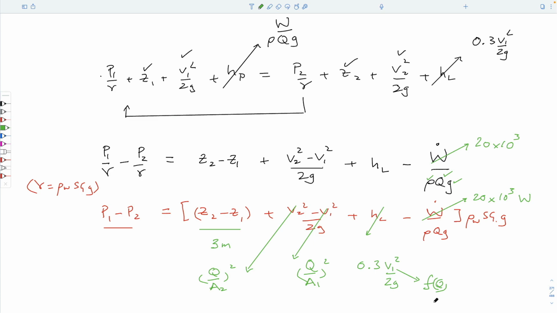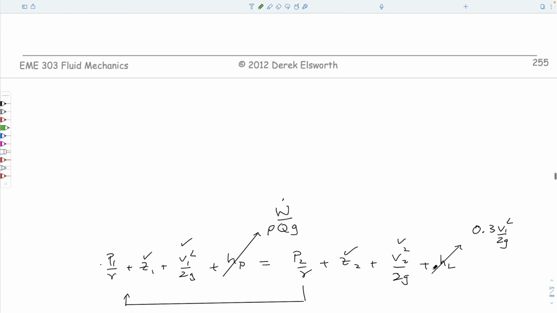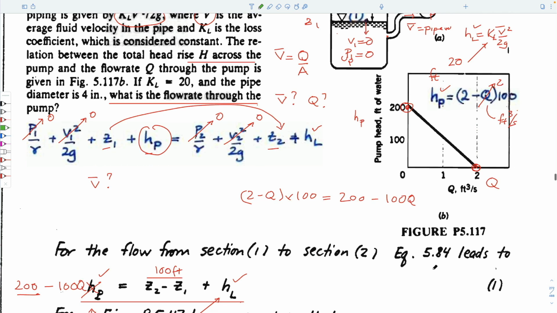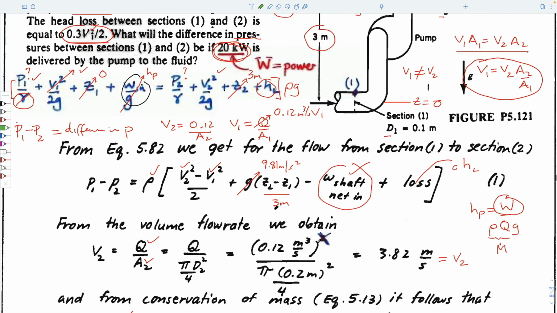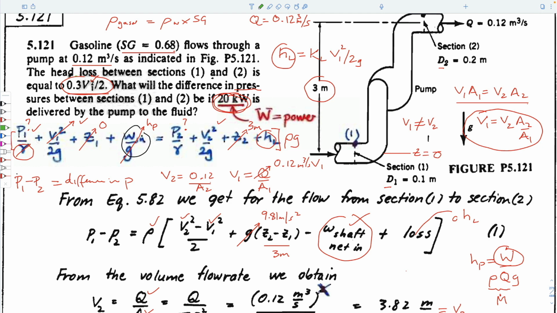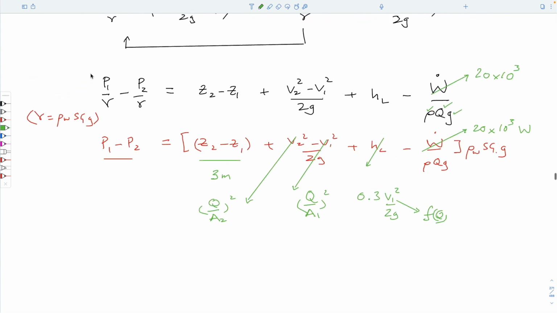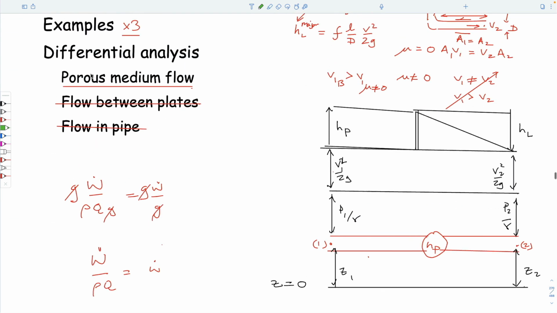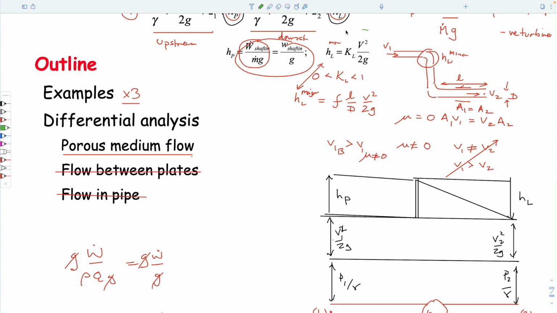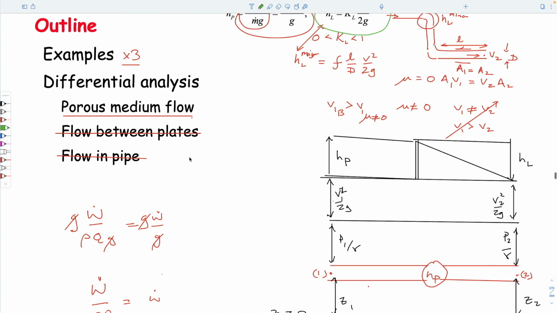The 0.3, the KL term, where did you get that from? I think it was, or perhaps it was the previous one. Was it KL? Yeah, it was KL. 20 was here. It's 0.3 in this one. Given. What is that? It's just a non-dimensional number. It says that if we believe that the losses within our system are conditioned by this term here, the head loss we can classify as being equivalent to something like this.